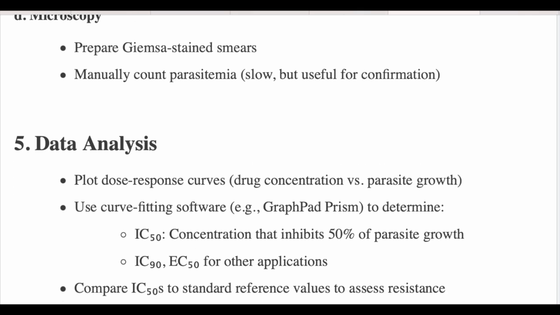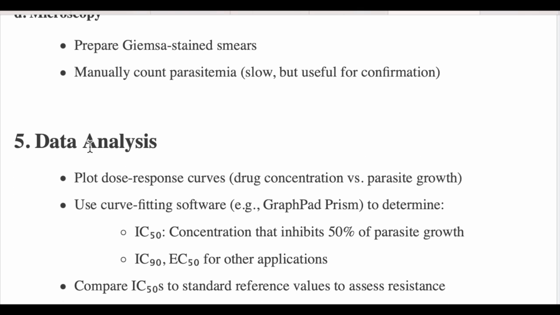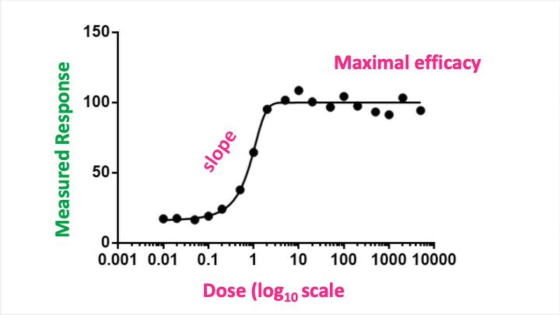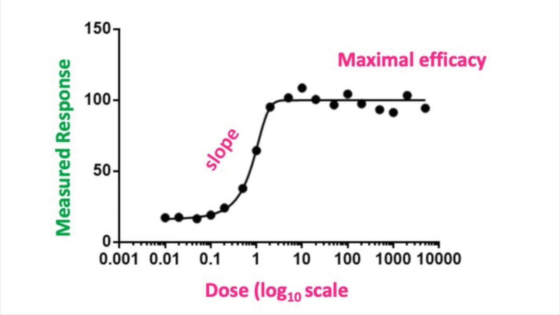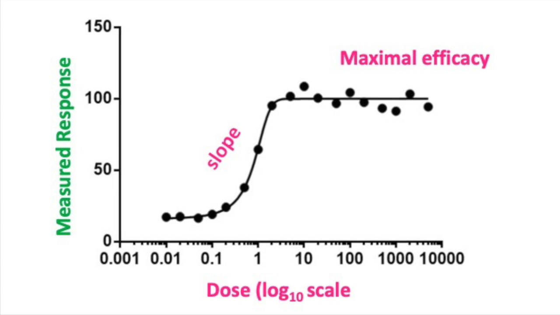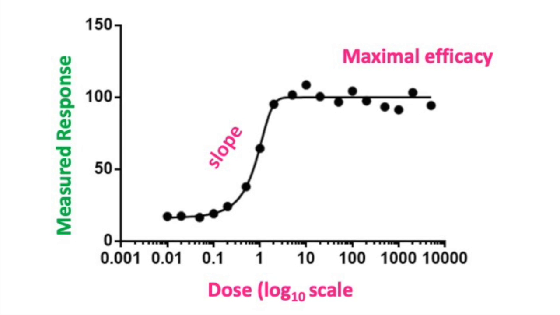So for your data analysis, what you want to do is plot the dose, so you know what concentration of the drug you had, and then you relate that to the response. And you get these dose response curves, as they're called. So here you have the drug concentration versus the parasite growth. You use curve fitting software such as GraphPad Prism to determine the IC₅₀.